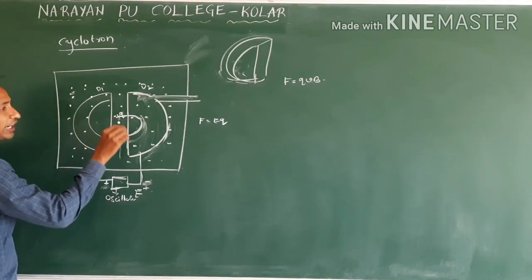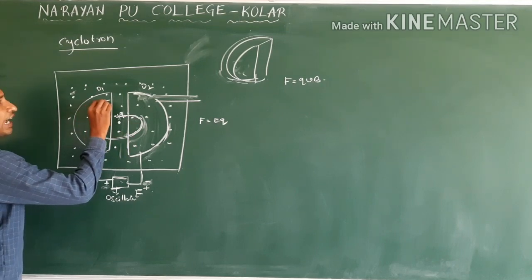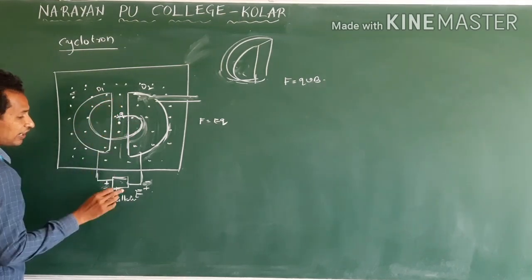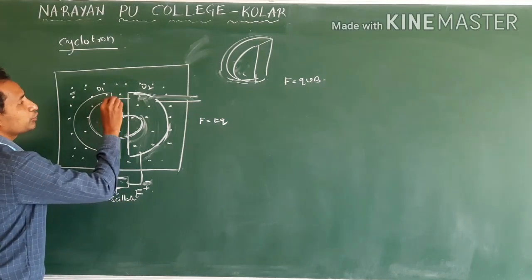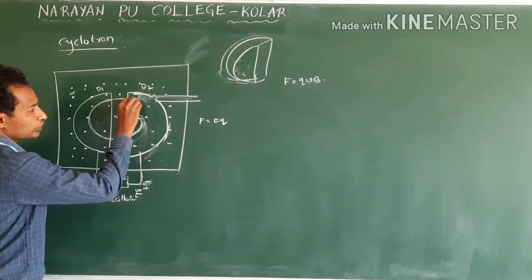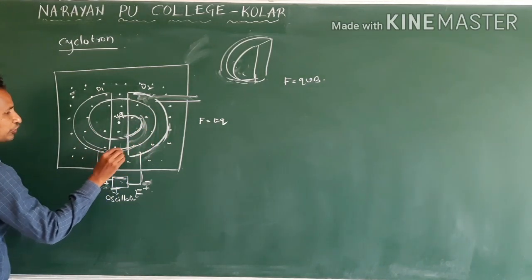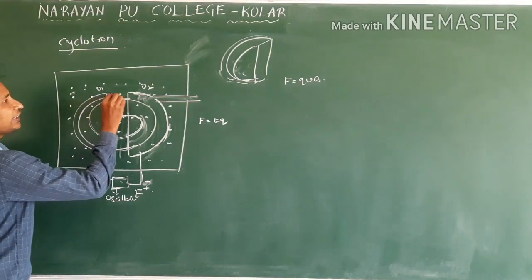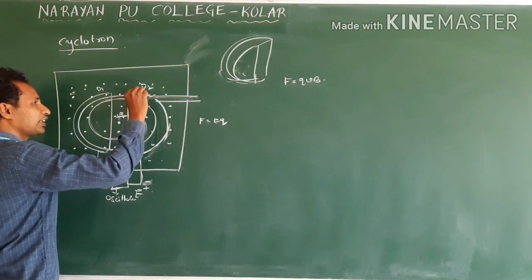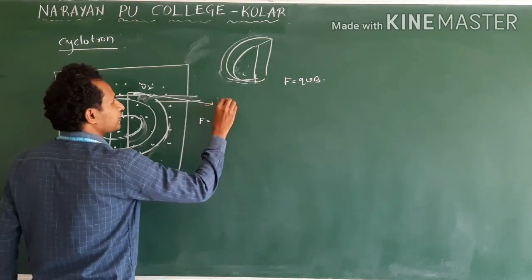Magnetic force increases, then the radius increases. As soon as it reaches here, this oscillator changes potential. Again it accelerates. Due to the magnetic field, it again experiences force. Like this the process continues until it reaches this radius, hits this reflector and comes out with high energy.